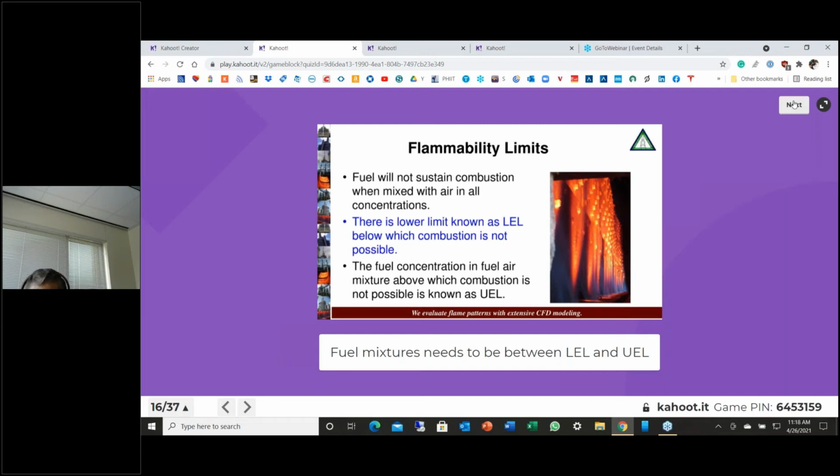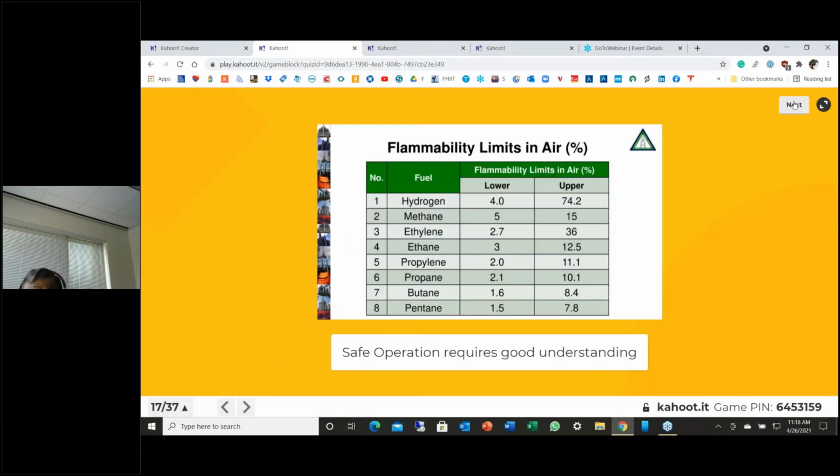And those of you who are in operating plants will see how it works out with an explosive meter. So these are the flammability limits for air. The only thing I want to point out in this table is number one, hydrogen.